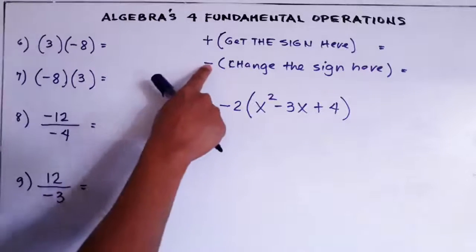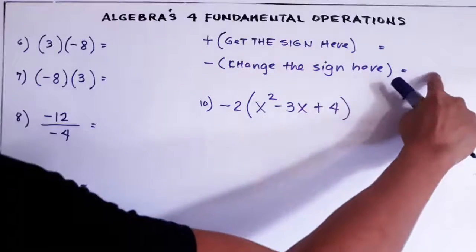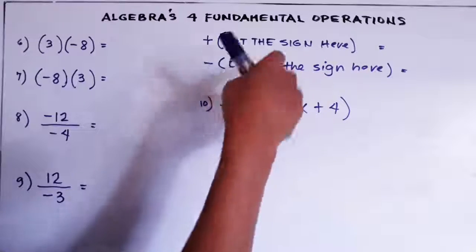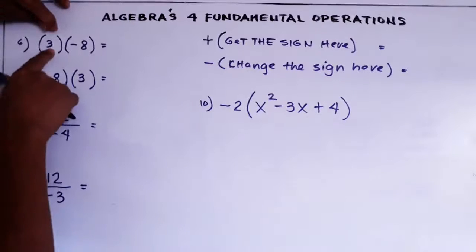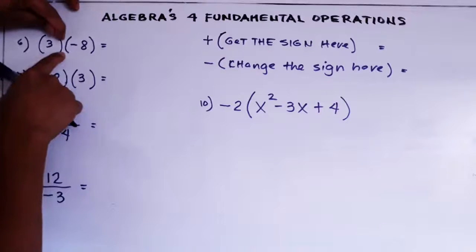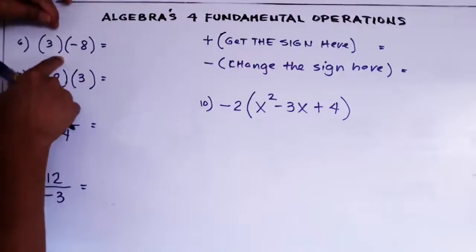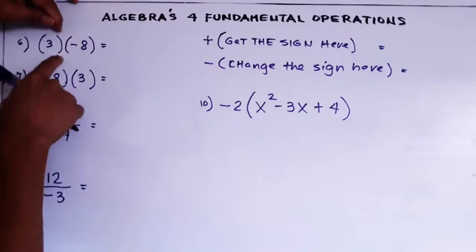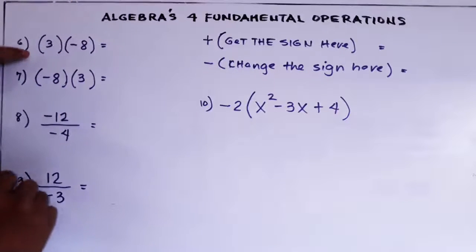If that is negative, you change the sign here, and then place it there. Okay, so that will be your sign after removing the parentheses. So read 3 times. There is no plus. Don't tell me that, teacher, this is positive here. No, there's no positive here. There's no plus there because of the parentheses. So it is times.